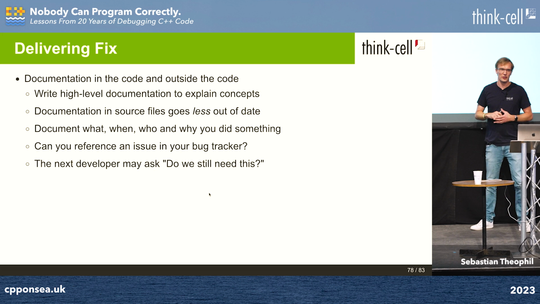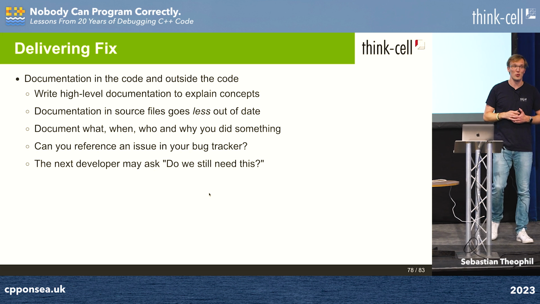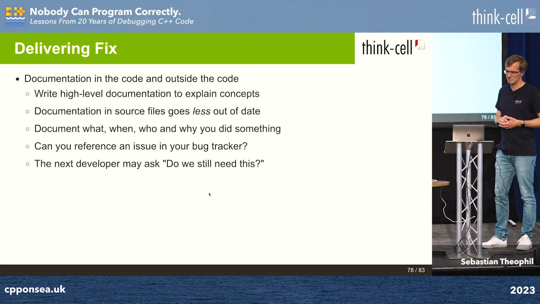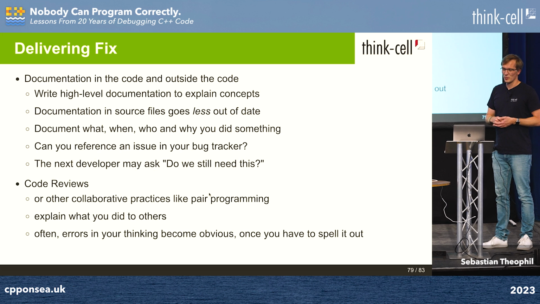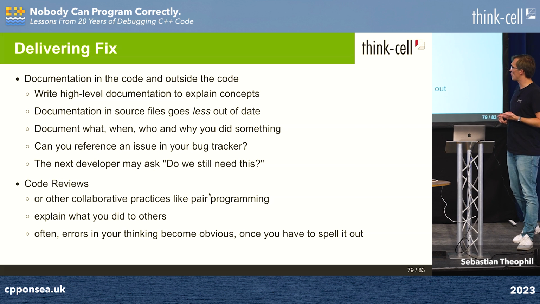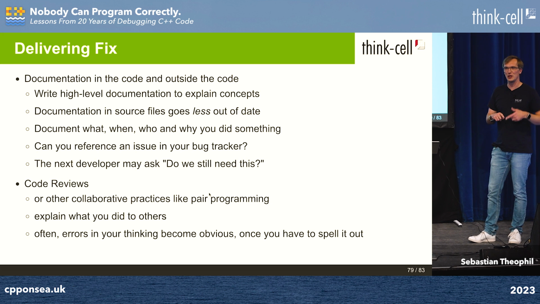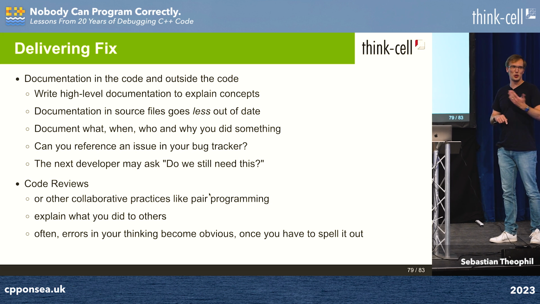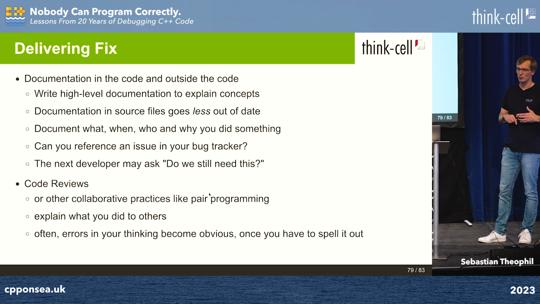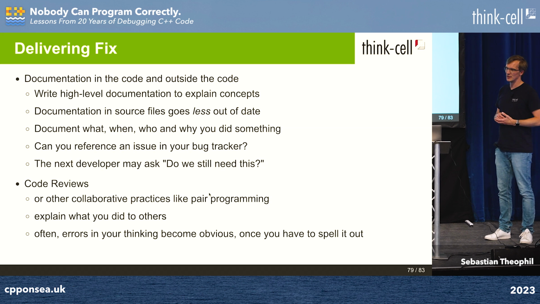If you look at this 10 years later, not only why we did this, but when can we throw this out again? You're doing code reviews, probably, or pair programming, or something else that forces you to explain your thinking to somebody else, so you notice your own mistakes before committing them.